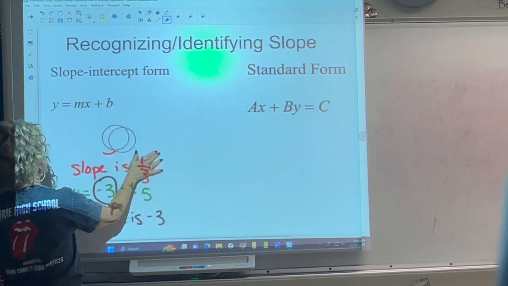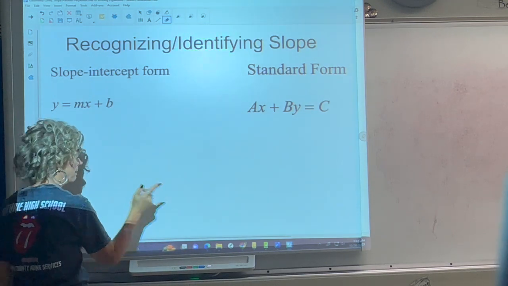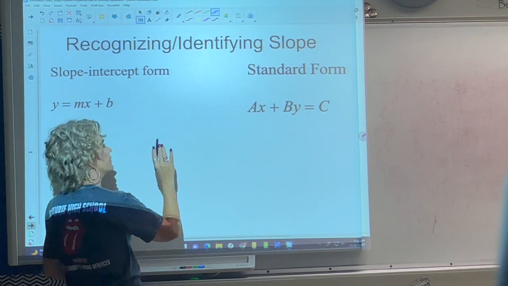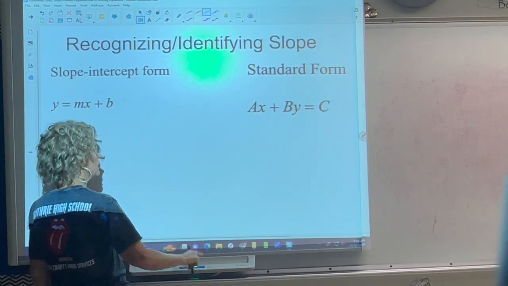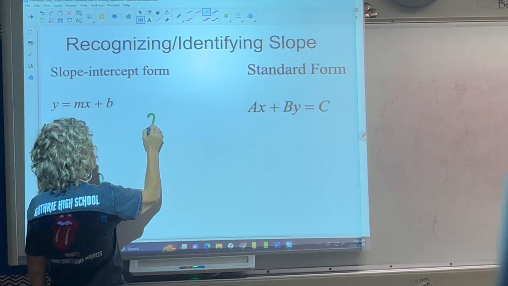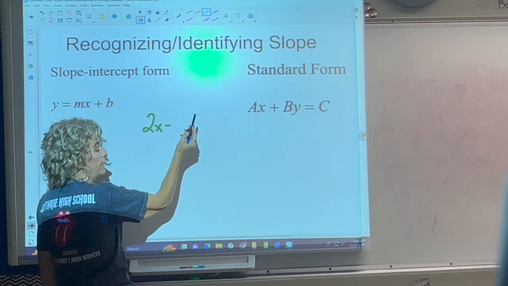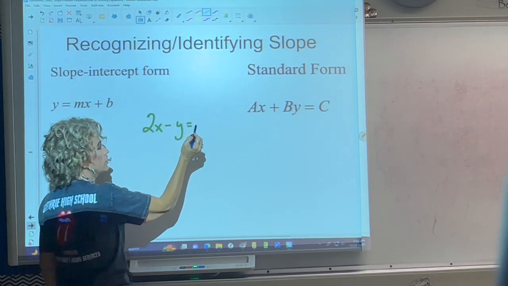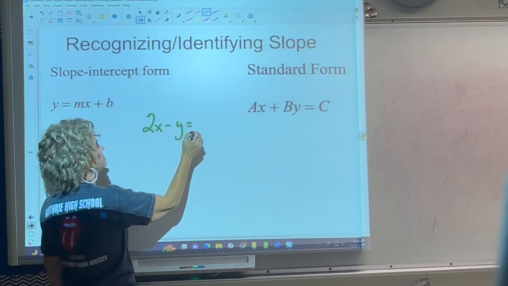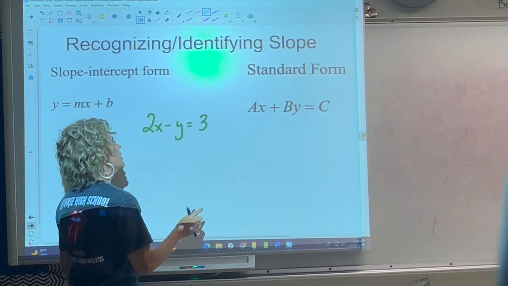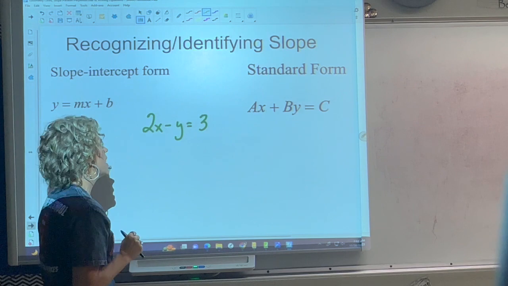I'm going to erase this. I'm going to make up a line. I'm going to put it in standard form, no fractions. I like small numbers, let's go. 2x minus y equals 3.